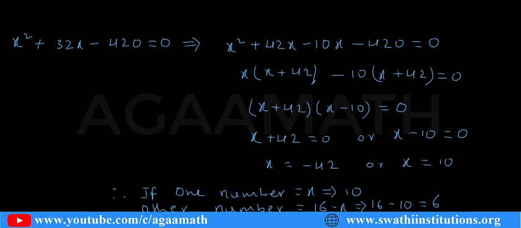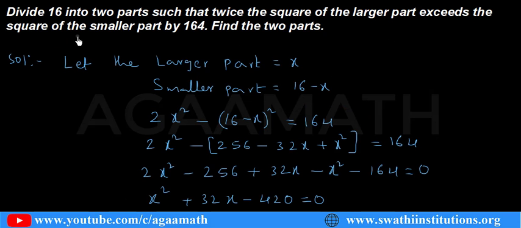So let us see the question and procedure once again. Divide 16 into two parts such that twice the square of the larger part exceeds the square of the smaller part by 164. The larger part, let us take as x, and the smaller part is 16 minus x.